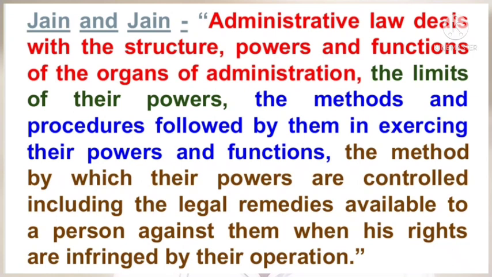This is actually not a definition, but a description of the concept of administrative law given by Jain and Jain, and so it covers all the aspects dealing with the administrative authority or the administrative agencies.